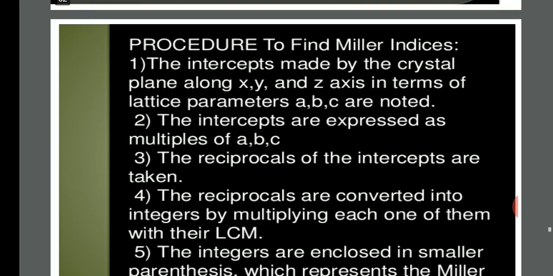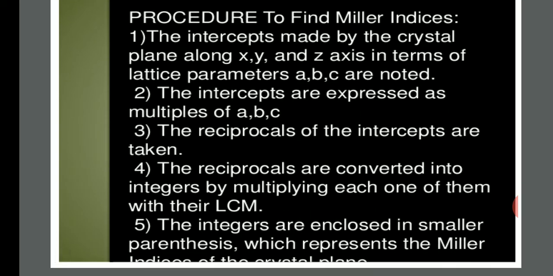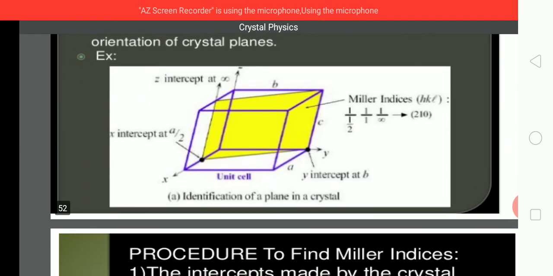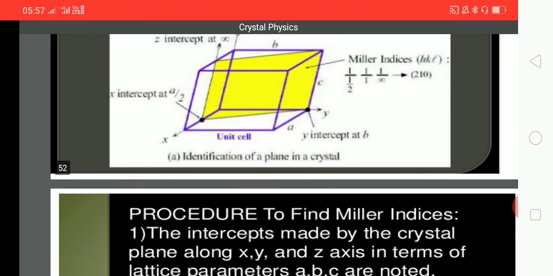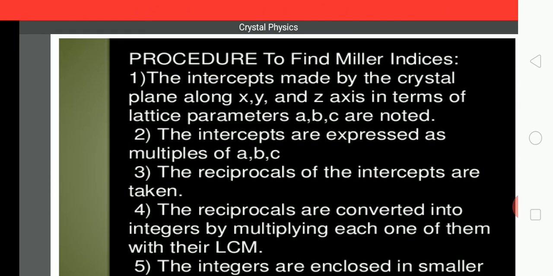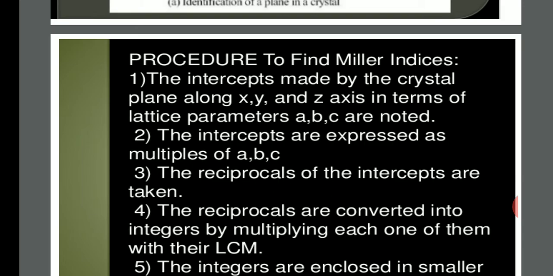The procedure to find the Miller indices: First, the intercepts made by the crystal plane along the x, y and z axes, in terms of the lattice parameters a, b, c, are noted. Second, the intercepts are expressed as multiples of a, b, c. Third, the reciprocals of the intercepts are taken.